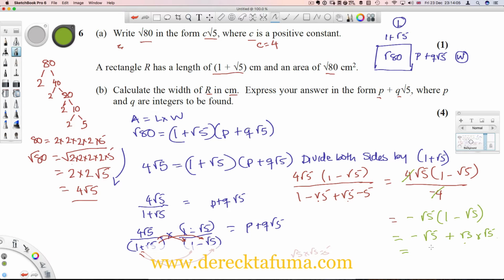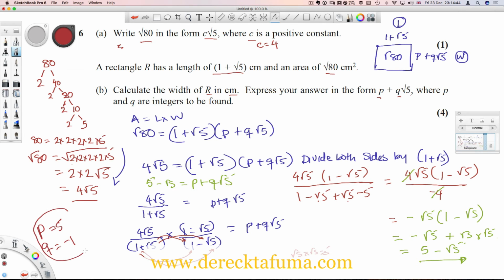So root 5 times root 5 is 5, minus root 5. So this is the answer, and this is equivalent. If we come back here, it means 5 minus root 5 equals P plus Q root 5, which means that P is equal to 5, Q is equal to minus 1.